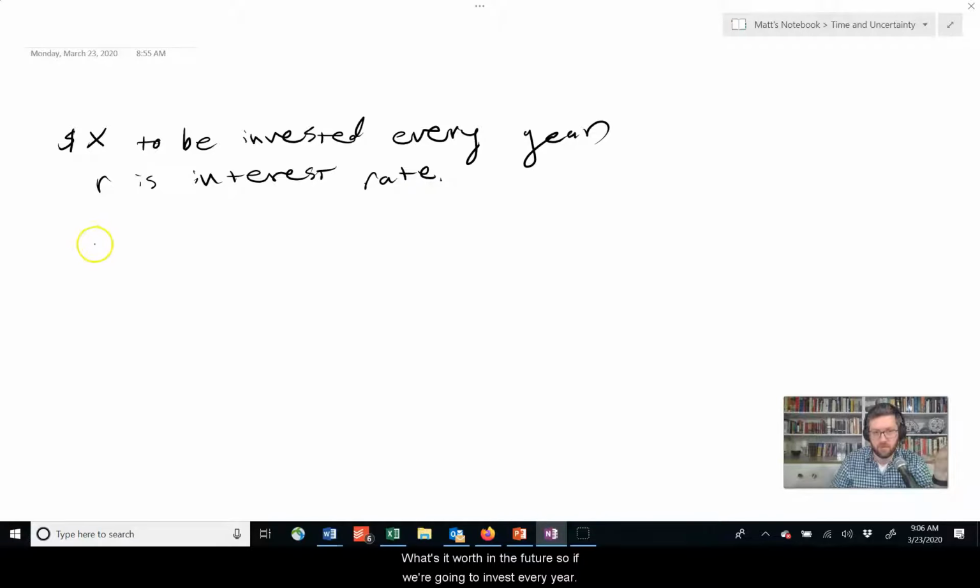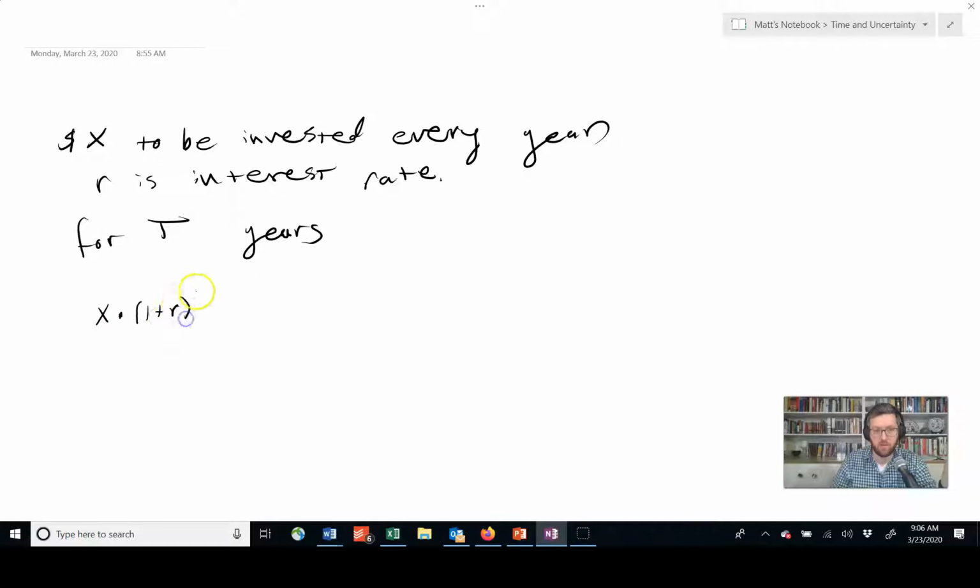If we're going to invest every year, let's say for capital T years, the first X we invest is going to earn interest for T years.